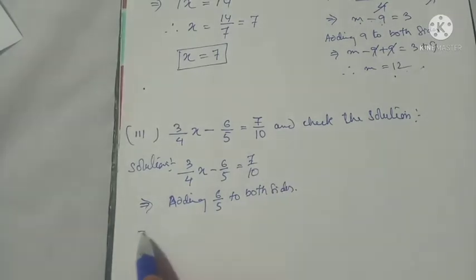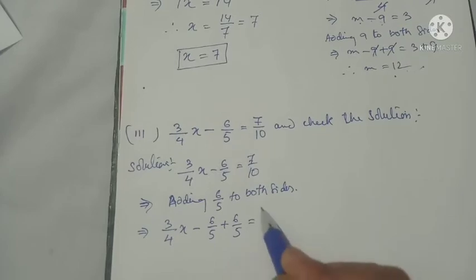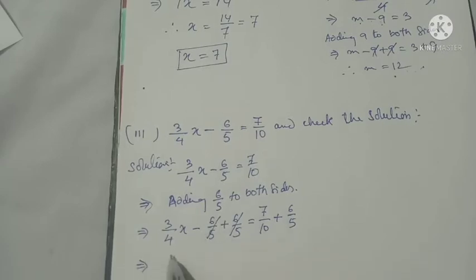Now what will become? 3 by 4 x minus 6 by 5 plus 6 by 5 is equal to 7 by 10. In the right hand side, we also have to add 6 by 5. Now this 6 by 5, 6 by 5 can be eliminated. The remaining is 3 by 4 x is equal to 7 by 10 plus 6 by 5.